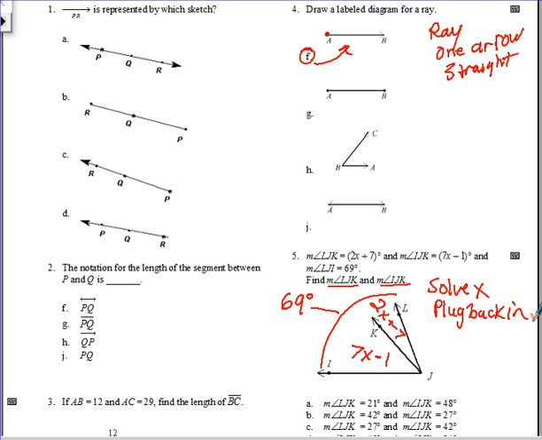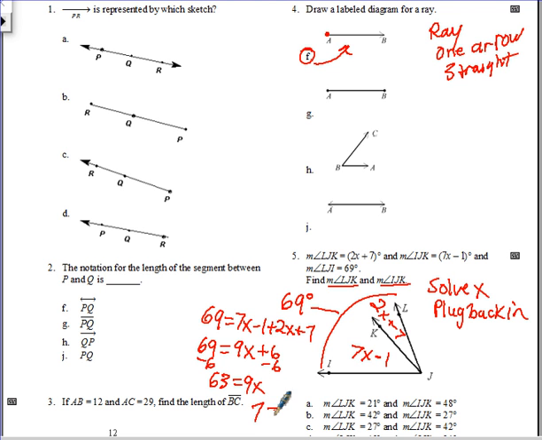So let me do the work for this one real quick. I got 69 equals 7x minus 1 plus 2x plus 7. Combine like terms, and we have 69 equals 9x plus 6. Subtract 6 on both sides. 63 equals 9x. And we know that 7 9s go into 63, so x is 7.